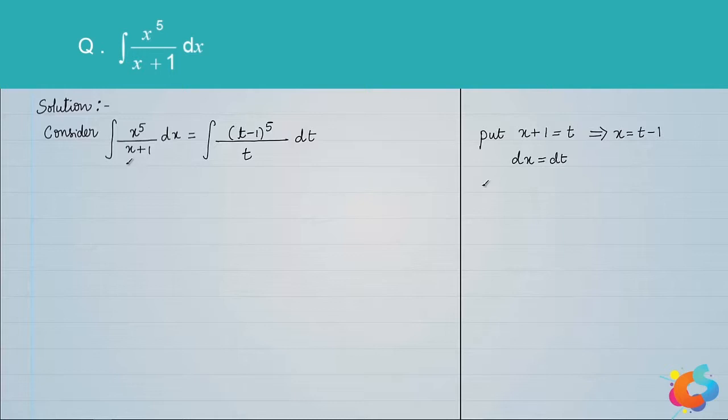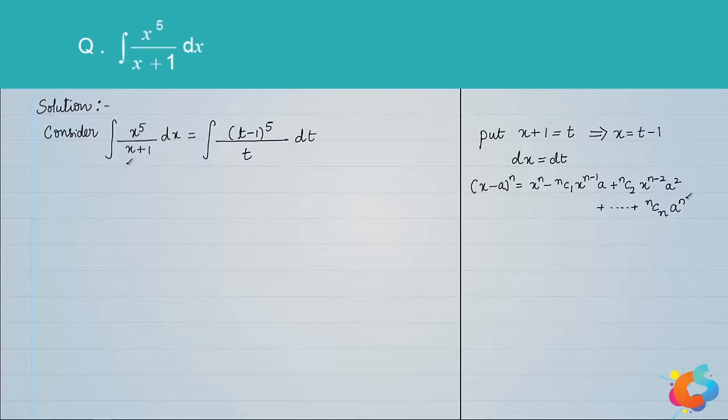We know that from the binomial expansion, (x minus a) whole power n is equal to x power n minus nC1 x power n minus 1 into a plus nC2 x power n minus 2 into a square and so on, up to nCn a power n.